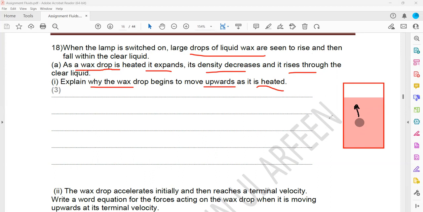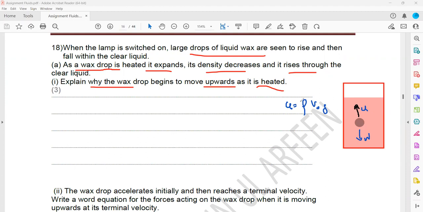As you can see, the weight is acting down and the upthrust is acting up. The upthrust depends on the density of the fluid, the volume of the object and gravity. This density is the density of the surrounding fluid, so it's not about the density of the wax, it's about the density of the fluid.